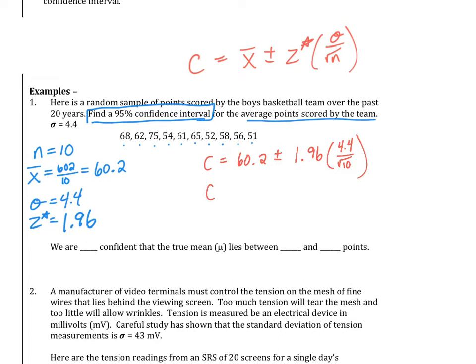Okay, so if we use our calculator, that would be 60.2 plus or minus 2.73. Okay, so if we take 60.2 minus 2.73, that would be 57.47.